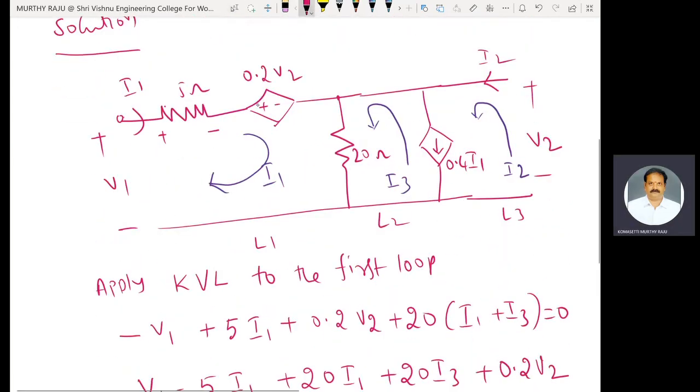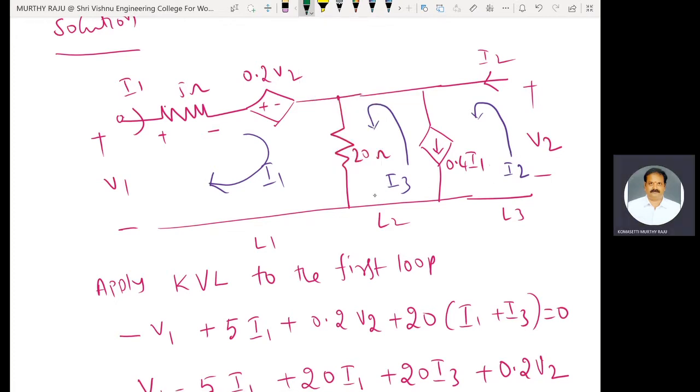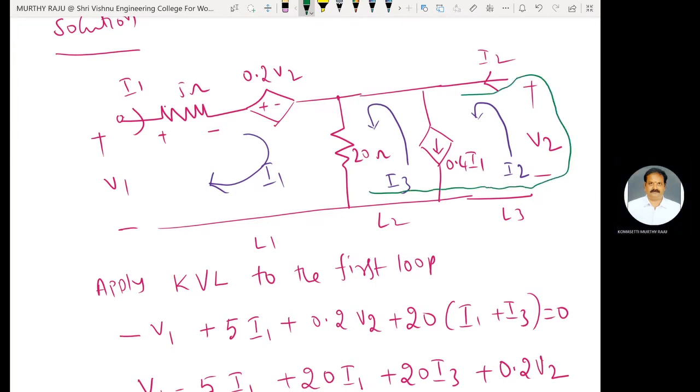Coming to loop 2, a supermesh is formed. This is the supermesh. Apply KVL to this supermesh, that is minus V2 and 20.